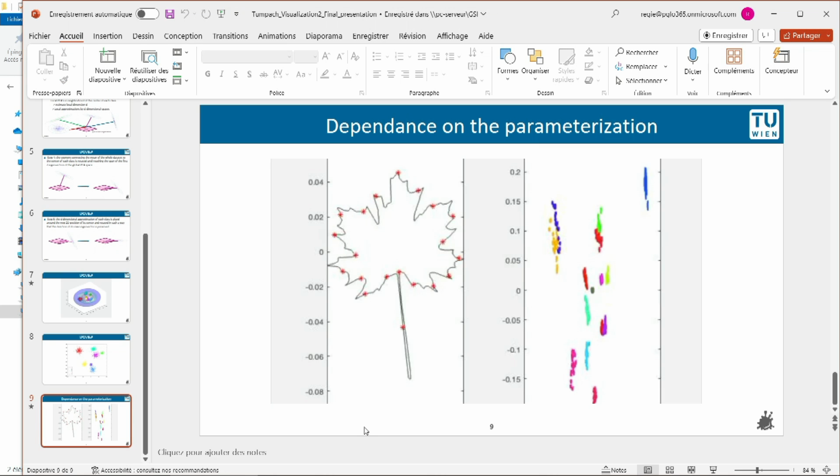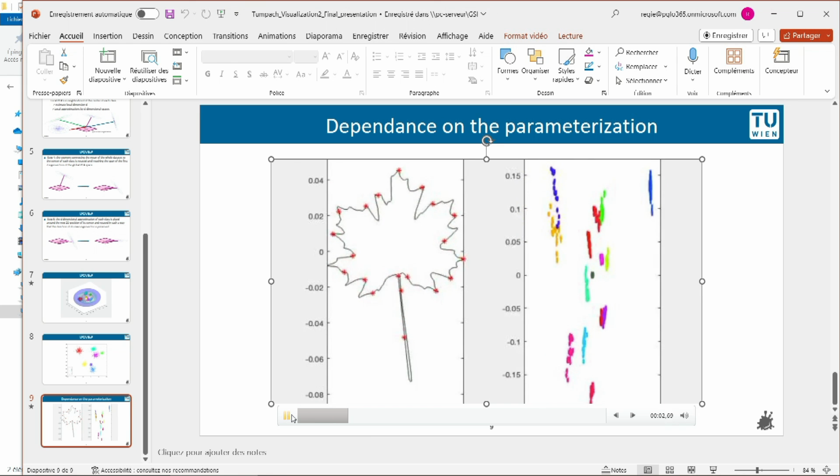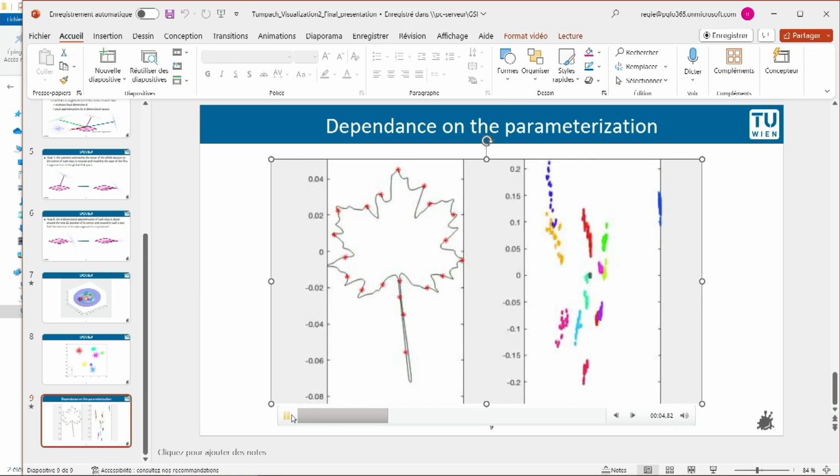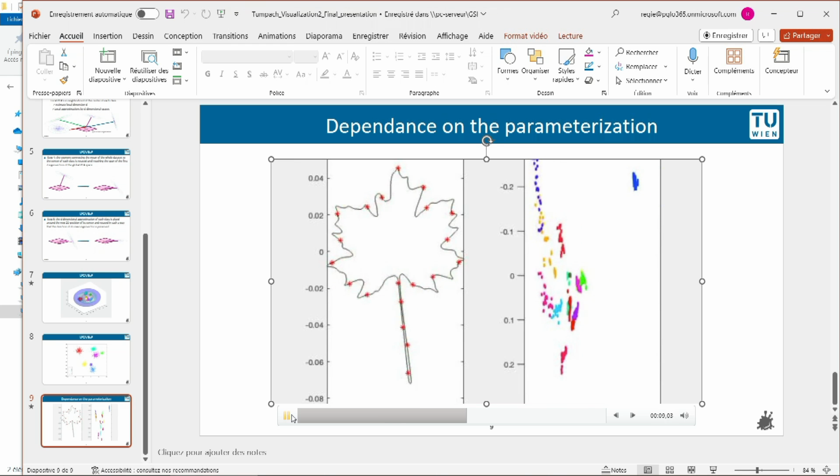And of course, it depends on the parameterization. So you see the points moving on the left. And so the infinite dimensional manifold is also affected by the parameterization you are taking, and so it really affects the position of these points.